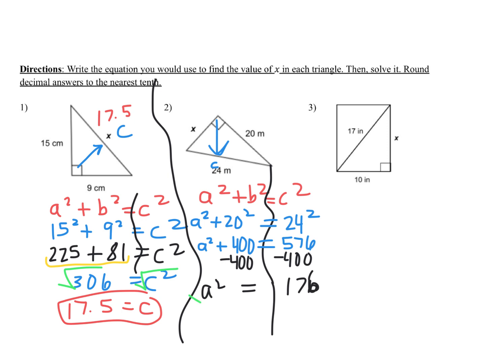Remember that last step. Take the square root. So A is approximately 13.3. Put your 13.3 into your picture and just make sure that it makes sense. Our legs should be smaller than the longest side.